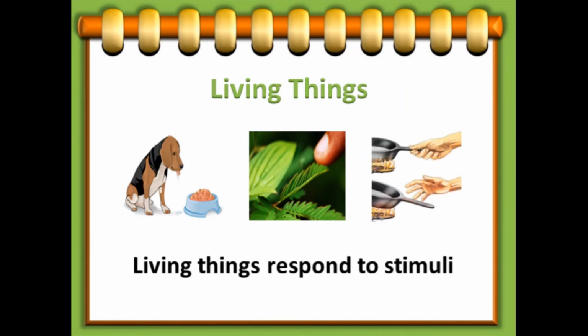And for us, if we touch hot objects, our response is to pull the hand away from the hot pot. That is, living things respond to stimuli. Those are the different characteristics of living things. If you see those in your environment, then you can classify it to be a living thing.